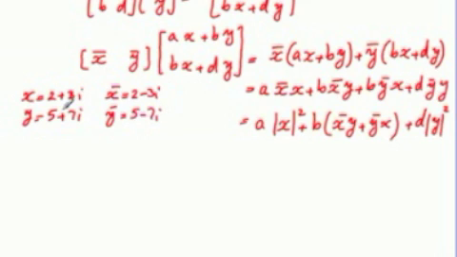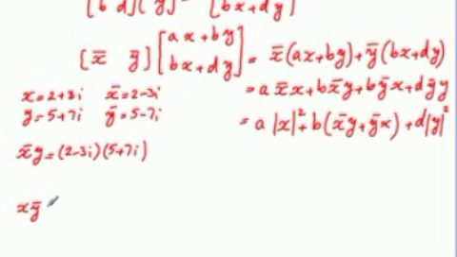Now, you are talking about x bar times y. Help me out with x bar times y: 2 minus 3i times 5 plus 7i. And later on, we are going to do the other way around: x times y bar, that is 2 plus 3i times y bar. We are planning to multiply these guys out and then add them up later.